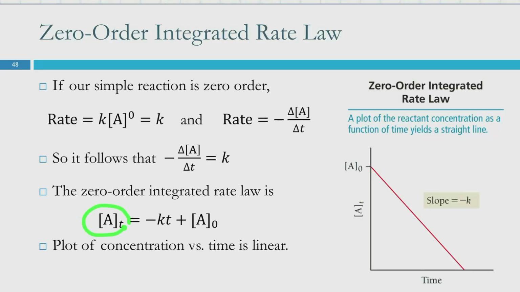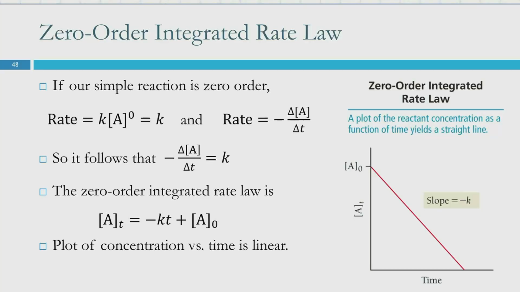We can plot concentration over time as our y-axis, and we will again get a straight line with the slope being related to k. In this case, it's negative again. And our y-intercept is our initial concentration. So this one just doesn't have the ln in it.